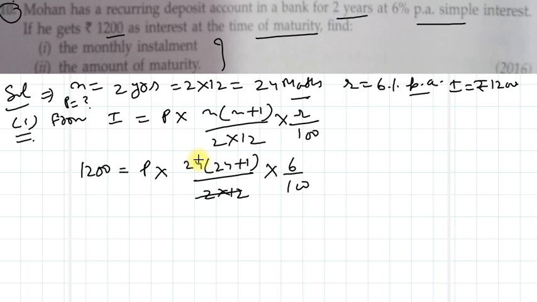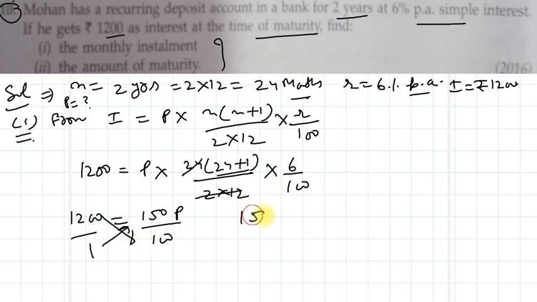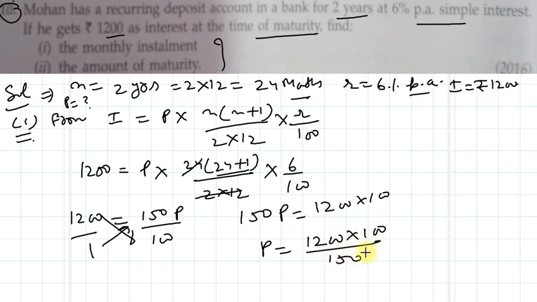So now 1200 equal to 24 plus 1, 25 into 6, 150P upon 100. So cross multiplication. So 150P equal to 1200 into 100, P equal to 1200 into 100 upon 150. So rupees 800 is our P.